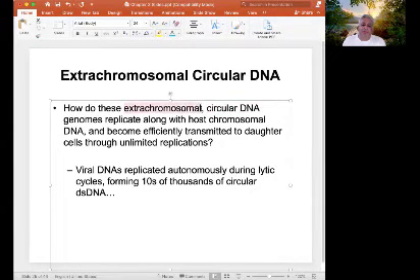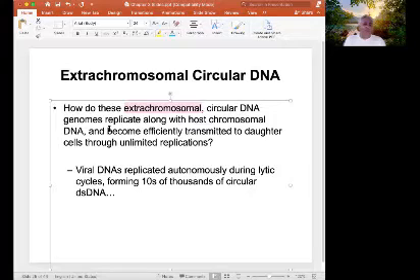That means these circular DNA are existing by themselves outside of the chromosomes of the host cell. And they can then be passed on to future generations of those cells as they divide by the mechanism that plasmids use in bacteria. The plasmids are there in high copy number, and when the bacterial cell divides, just by chance, some of the molecules happen to go into one daughter cell and the others into the other.